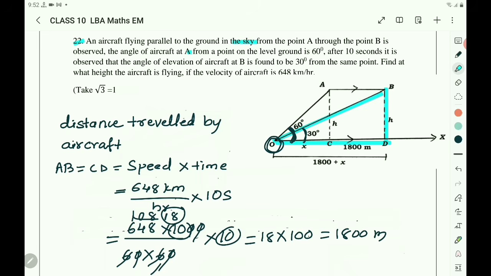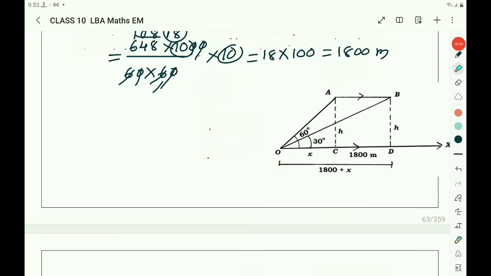For both the triangles, we have to apply the trigonometric ratio. Here, if you consider this triangle, what is the angle of elevation? Angle of elevation is 60 degree. Then you write in the right angle triangle ACO.